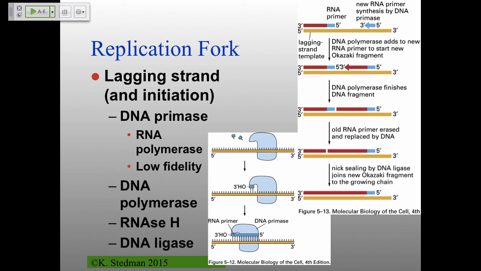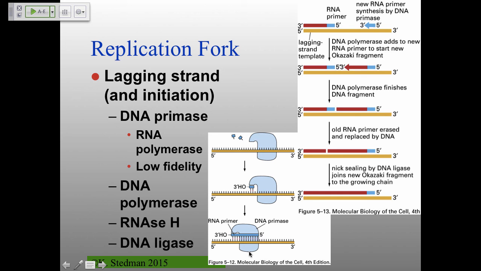So that's the DNA primase. DNA primase is actually really an RNA polymerase, which adds a couple of these RNAs together, and then the DNA polymerase will find this OH and extend it.